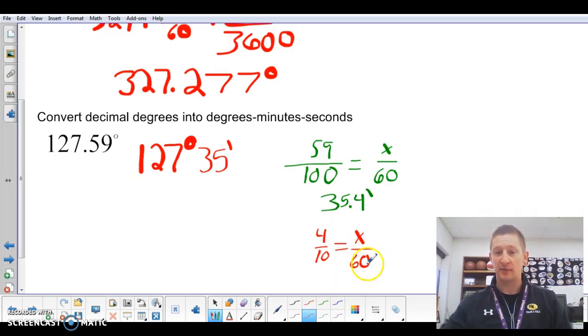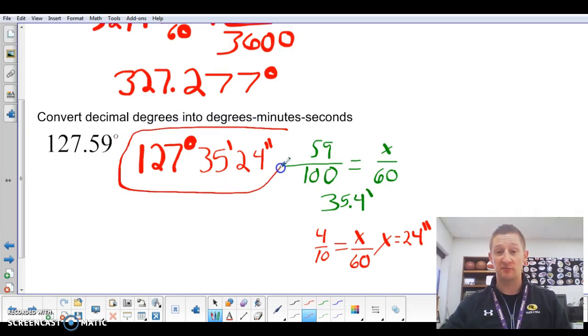So let's set up another proportion, do a little bit more cross multiplying and dividing. 4 times 60, well, that's 240, and 240 divided by 10 is going to be 24. So I get 24, and that's going to be a number of seconds. So we'll put 35 minutes and 24 seconds. All right, so we've just changed our decimal degrees into degrees, minutes, and seconds.